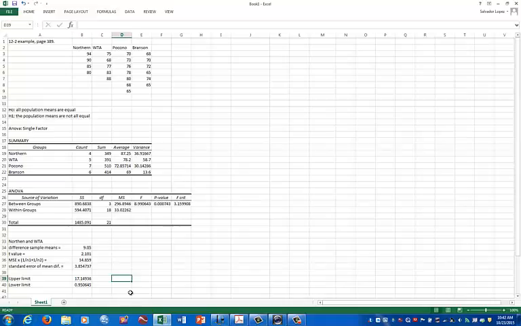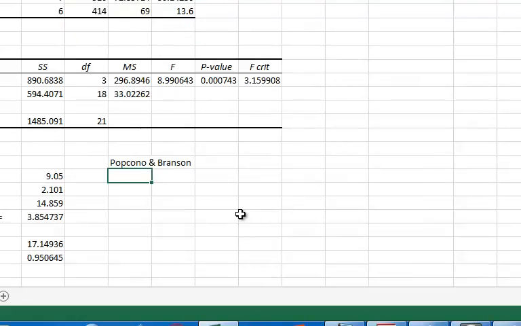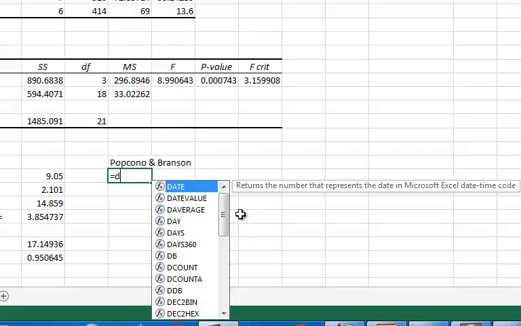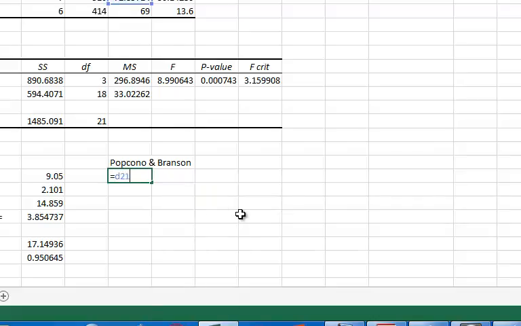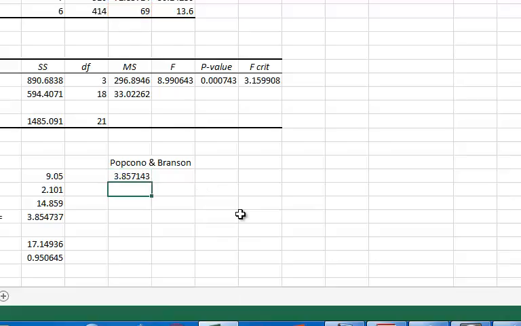And we can try two other means, for example, Pocono and Branson. The difference in the means will be 72. Well, let me just put the cell D21, that's Pocono, minus D22. Okay, are they significantly different? We are trying to investigate.